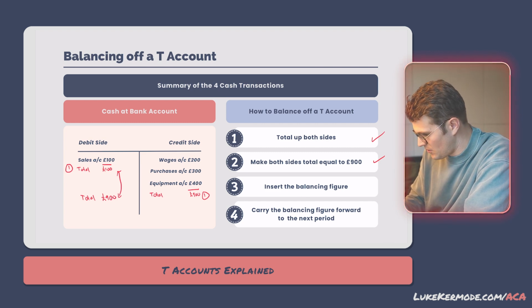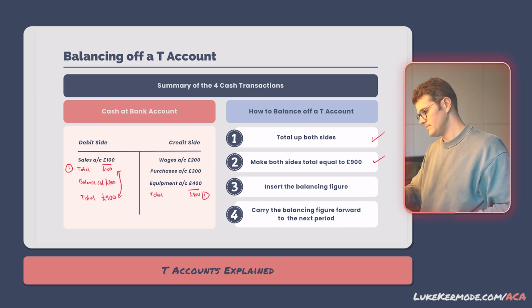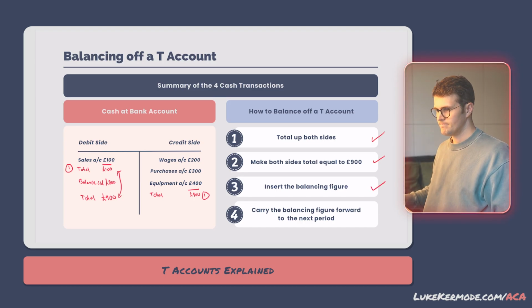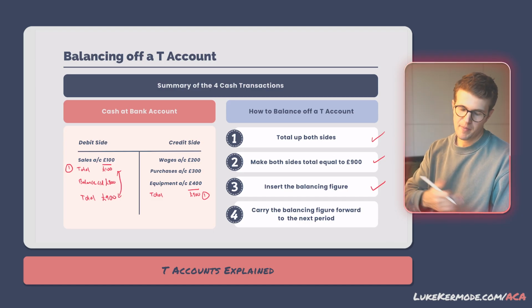So we insert a balancing figure of £800. Inserting that balancing figure will bring our total up from £100 to £900.